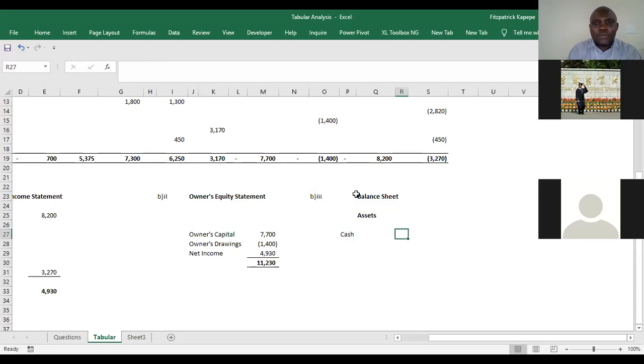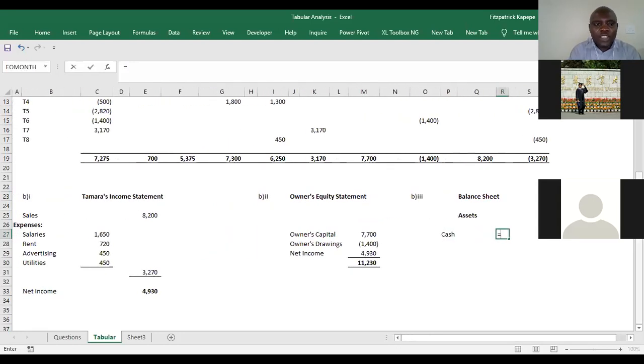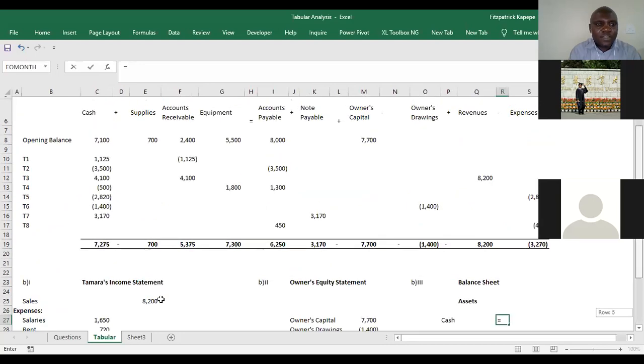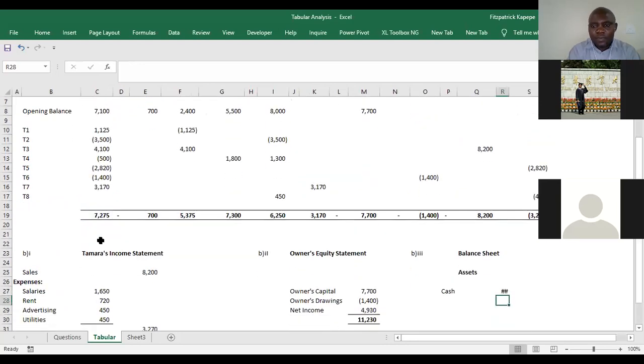How much was cash? I'll come this side, sorry. I'll pick it from here. Cash, there. Cut, bring it here, cash.